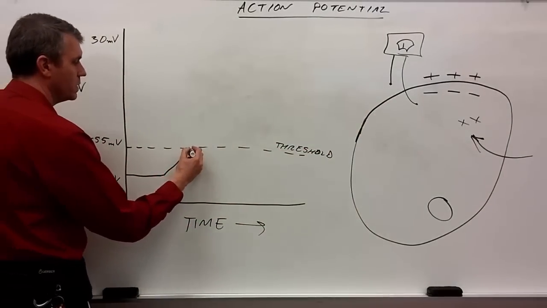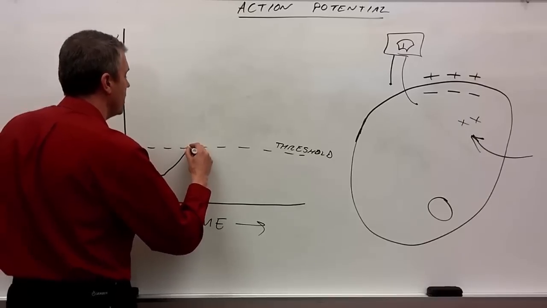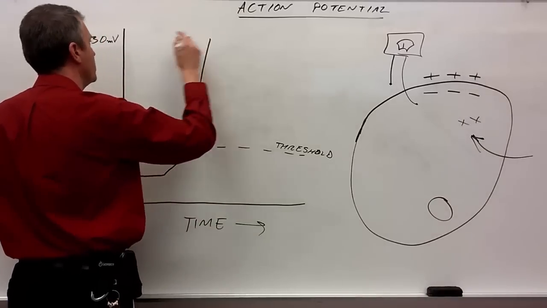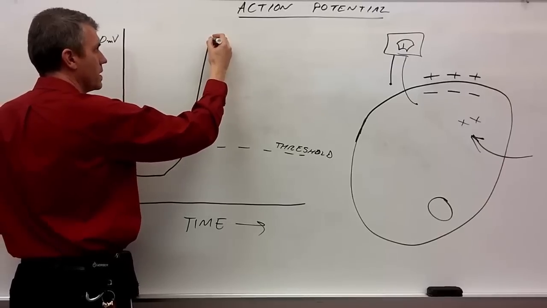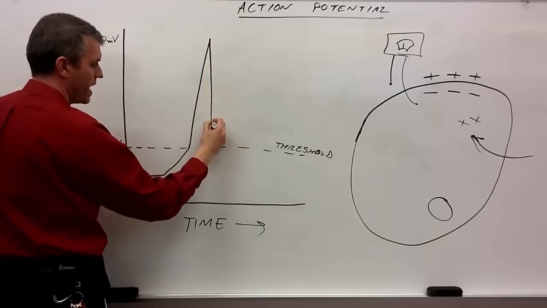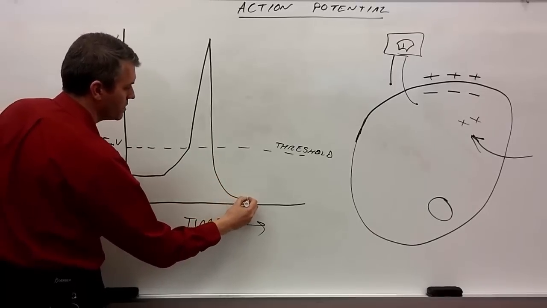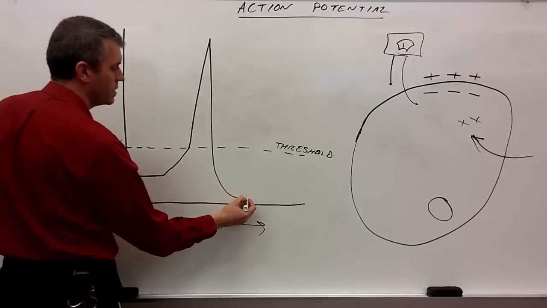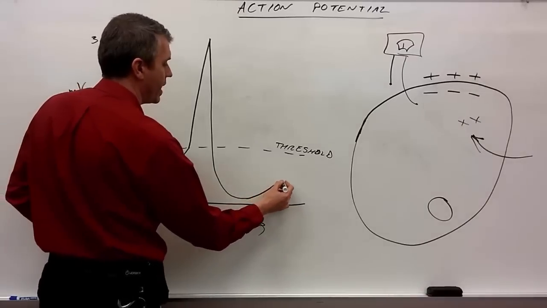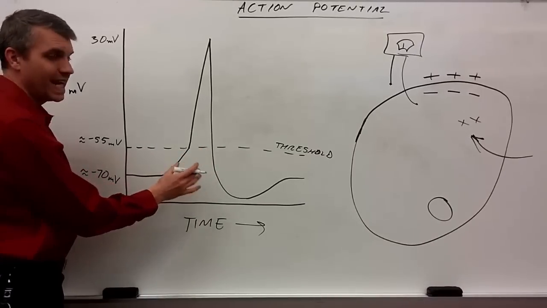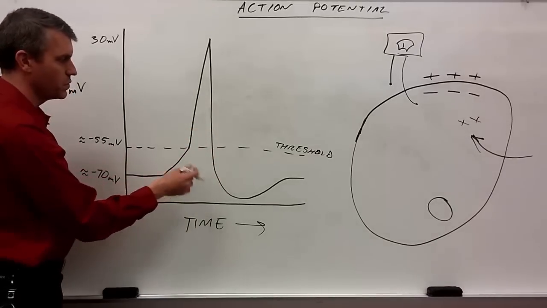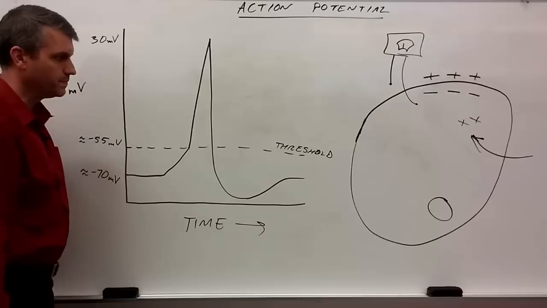Once we reach threshold, then those proteins in the membrane cause the voltage to go way up to around plus 30 millivolts, and then immediately the charge comes back down and actually becomes more negative than it was at rest, and then we get back to resting potential again. So if we represent an action potential on a graph such as this one, it looks something like this.